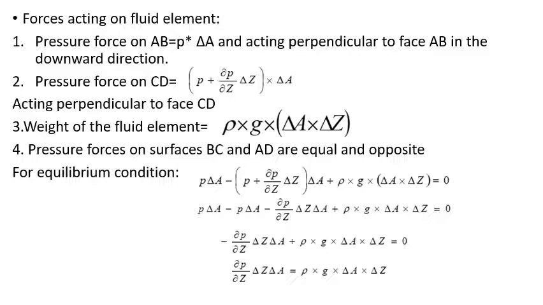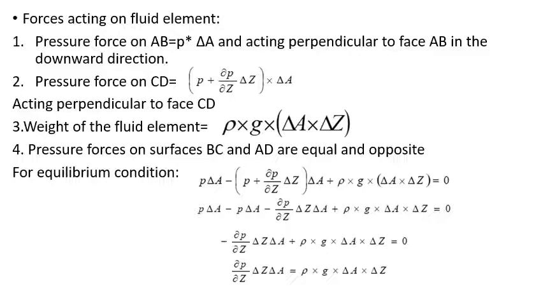Now what is the weight of the fluid element? The weight of the fluid element is equal to volume into density into acceleration due to gravity. Here rho is the density and g is the acceleration due to gravity. Delta A is the area of the fluid element and delta Z is the height of the fluid element, so together they represent the total volume of the fluid element.